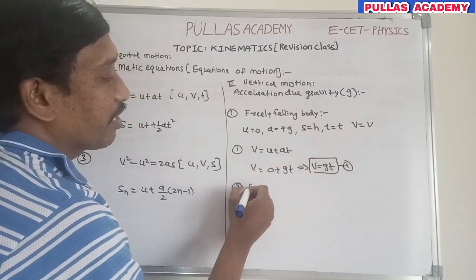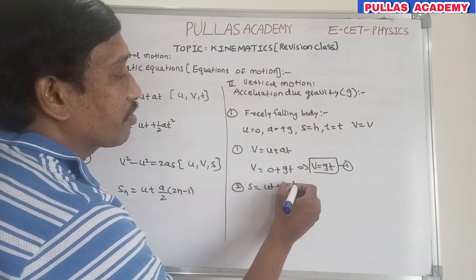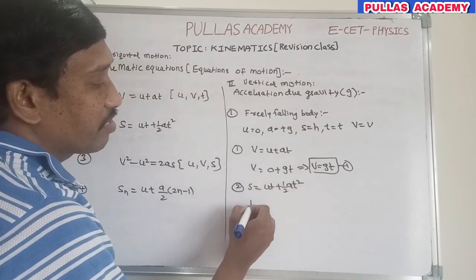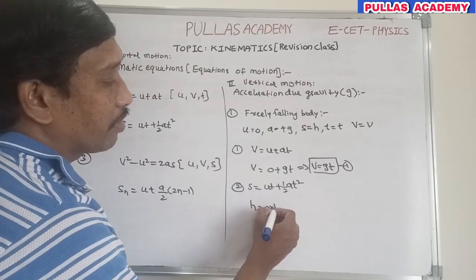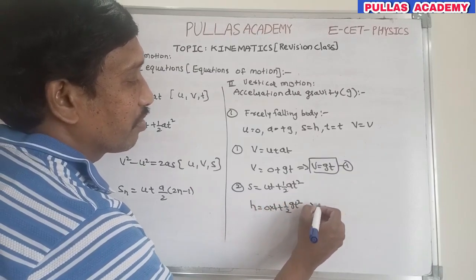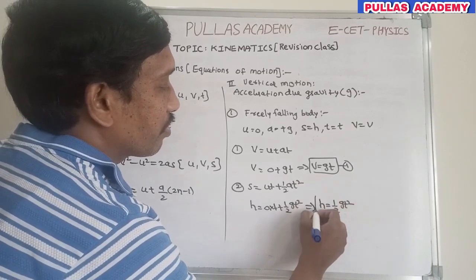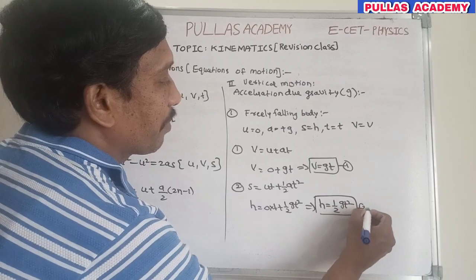Next, the second kinematic equation, s = ut + 1/2 at². Here h = 0 × t + 1/2 gt², so h = 1/2 gt². This is the second kinematic equation.